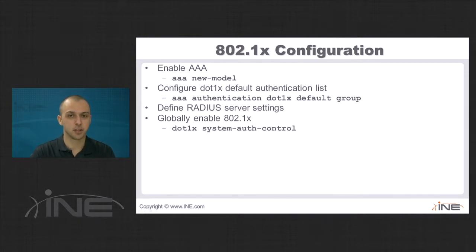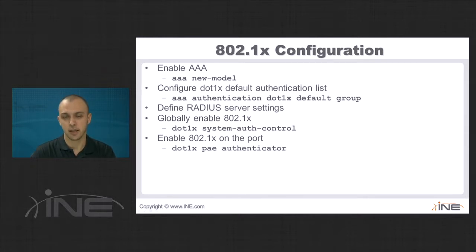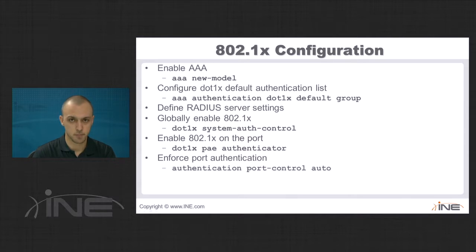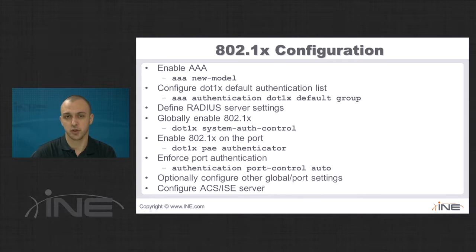Then at the port level, I also need to specify that the switch is a 802.1x authenticator, and enable authentication with the authentication port-control auto command. We will go through some additional configuration options based on the configuration that we're going to do, and then we'll configure the ISE part of the network.